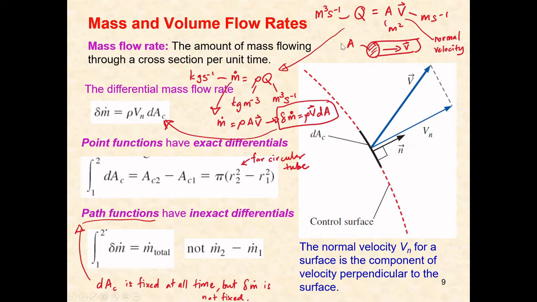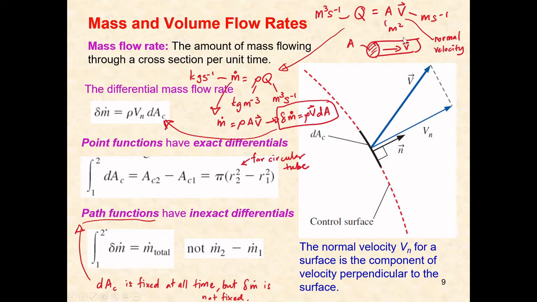The volume flow rate is given by Q = AV, where Q is the volume flow rate with the unit of meter cubed per second. A is the area of the cross section, and V is the velocity. The velocity has a unit of meters per second, and the area has a unit of meters squared.